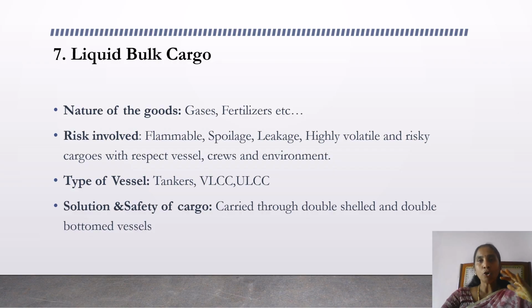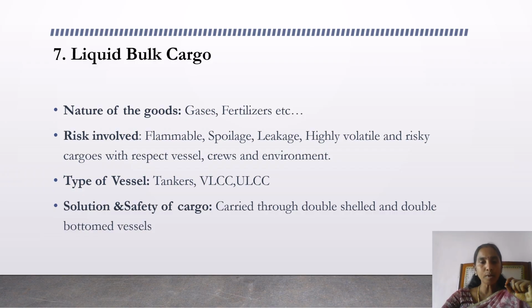So tankers, we all know that it is a tank form of thing which is designed accordingly. And here the ship is in the shape of a ship only, but the material which they use to manufacture that ship has some content to protect these liquid bulk cargoes. So, tankers can be selected to carry this liquid bulk cargo safely.